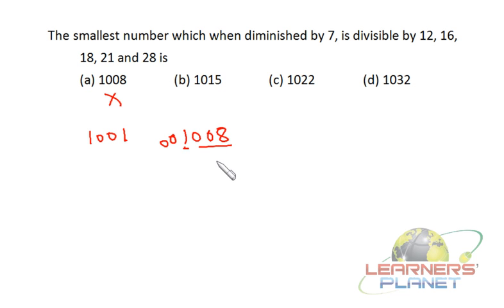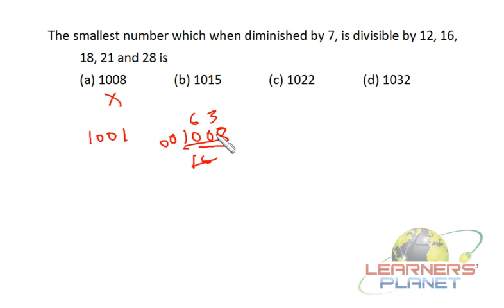Now we have to check it for 16. What is the divisibility test of 16? That the last 4 digits must be divisible by 16. So we have to check whether 1008, the complete number, is divisible by 16 or not. Okay, so let's divide it by 16. 16 6s are 96. 16 3s are 48.